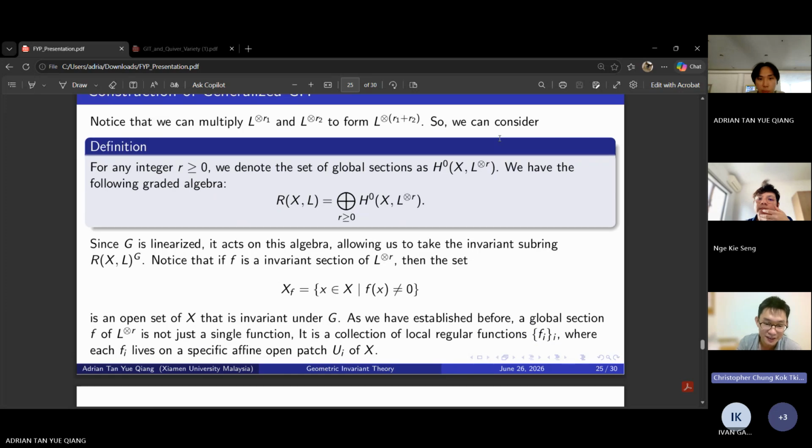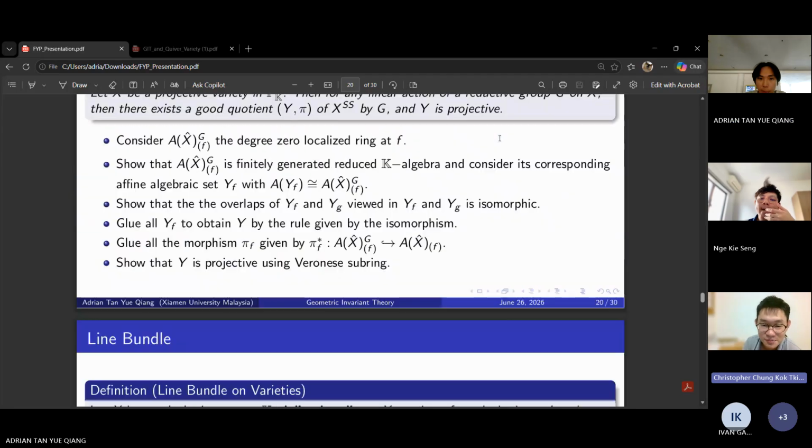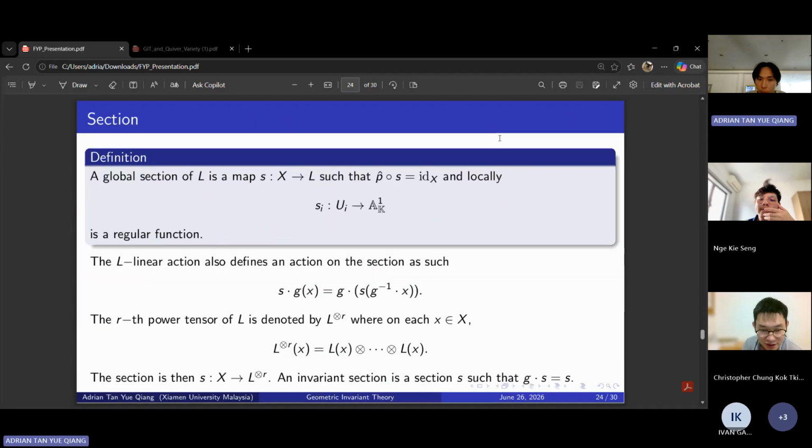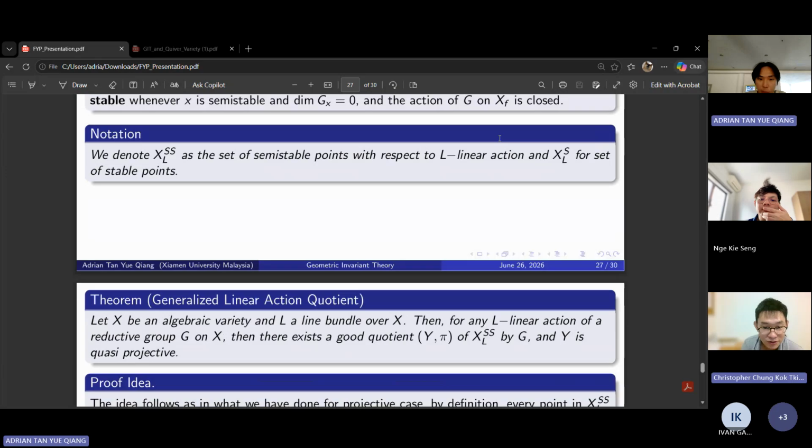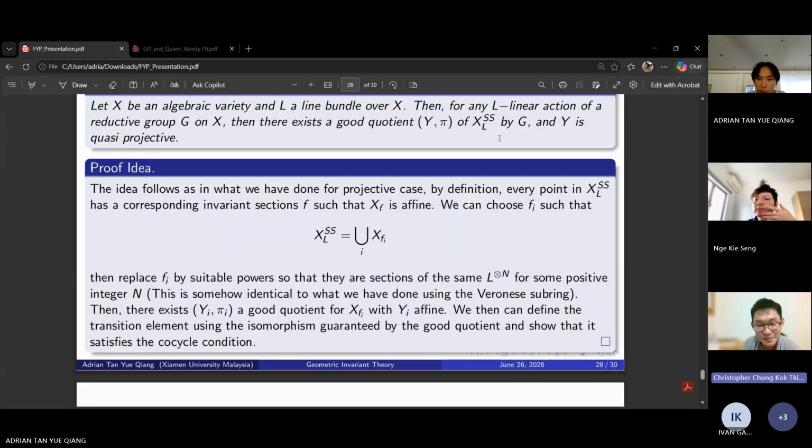Then back to the slide, you said somehow identical. That is just in some sense because for m positive degree, you're looking at it. Do you want to explain the somehow identical? Is that simply because you're essentially straightening out your hypersurface into some sort of hyperplane? Yes, hyperplane divisor. When I was proving the positive case, I used the fact that the elements of the Veronese subring are all of the same degree.